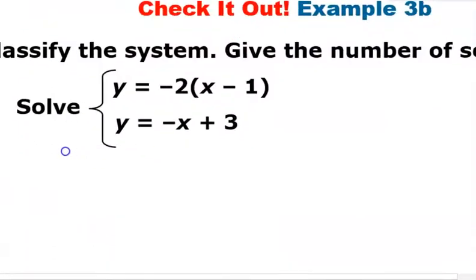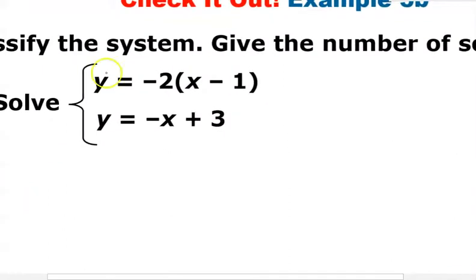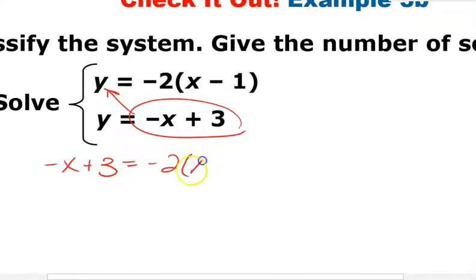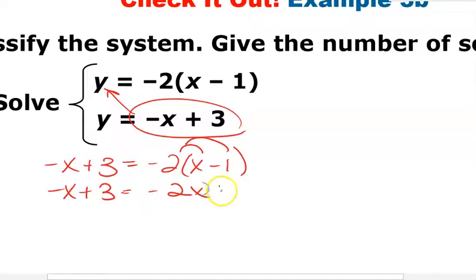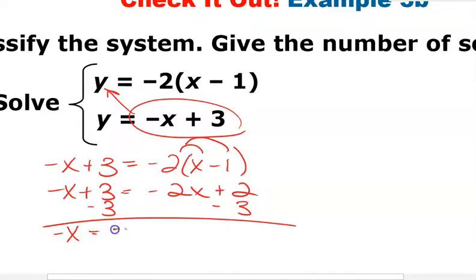Okay, here's another example. And this time they both equal y, so I can just plug in for y right there if I want. Distribute. And solve. So let's subtract that 3. And add that 2x. And I get x equals -1.